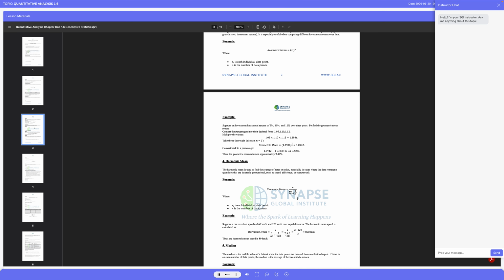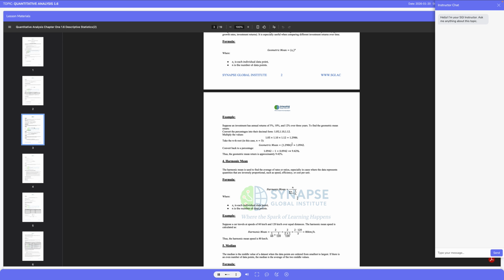To demonstrate this, consider an investment that records annual returns of 5%, 10%, and 12% over 3 years. These percentages are first converted into growth factors of 1.05, 1.10, and 1.12. These values are multiplied together to obtain approximately 1.2986.